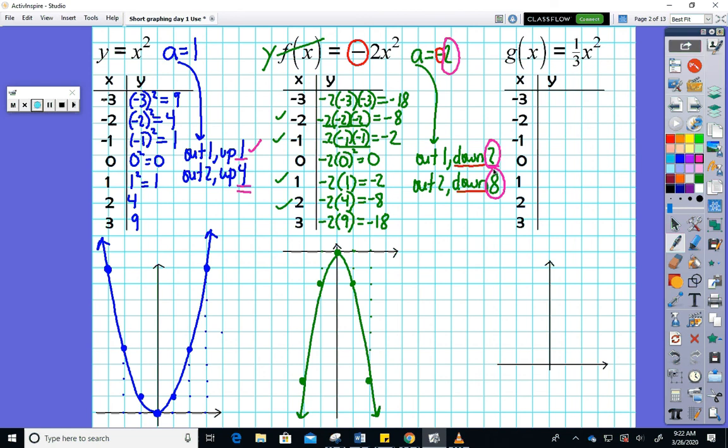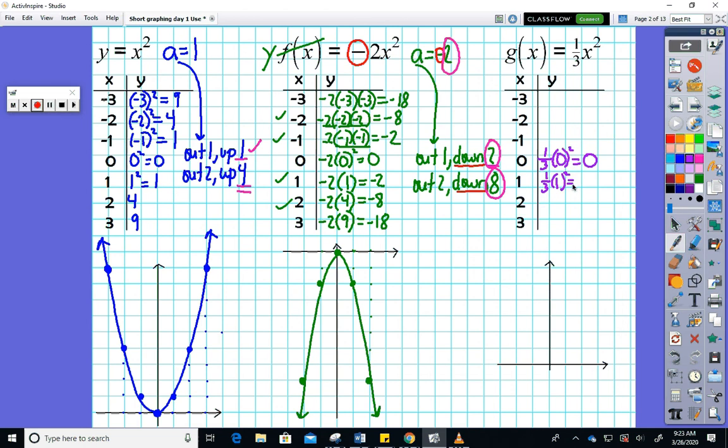All right, last but not least on t-charting. So on this one, I'm going to go ahead and say, let me start with the vertex in the center. 1/3 times 0 squared is just 0. If I plug in for 1, it would be 1/3 times 1 squared.